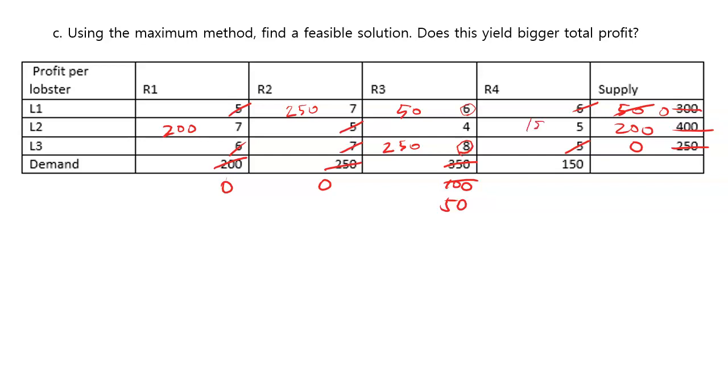Use 150. That's gone. So this is now met. And then 50 is left. And all that 50 can be used to meet this demand 50. So that's gone. And that's gone. And then that's it. All right. So these are the numbers that we use.